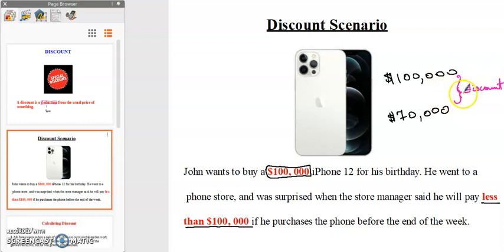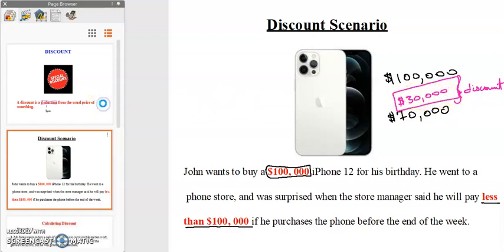because the discount is a deduction. So after they deduct this price right here, and in this case, if it moves from 100,000 to 70,000, then they would have deducted 30,000 from the original price. So this 30,000 right here is actually the discount, the deduction.